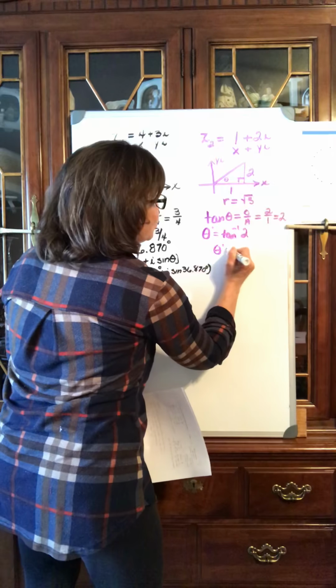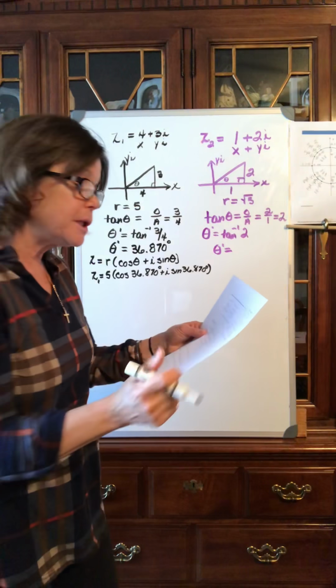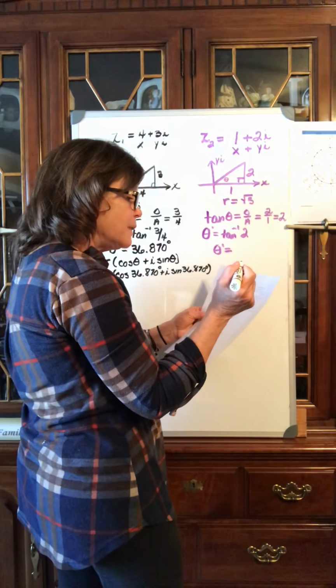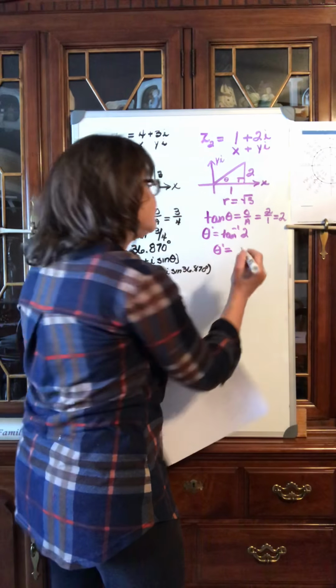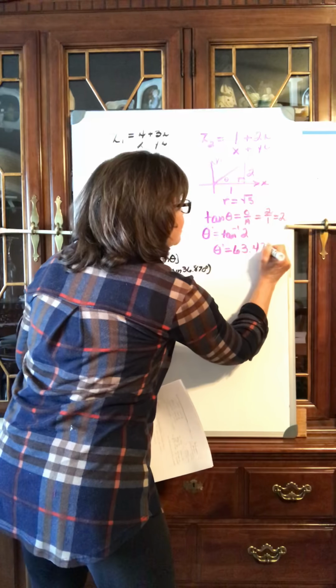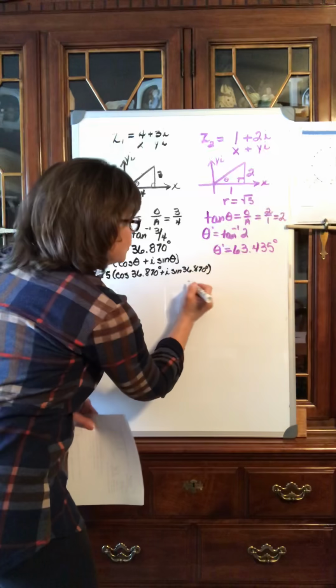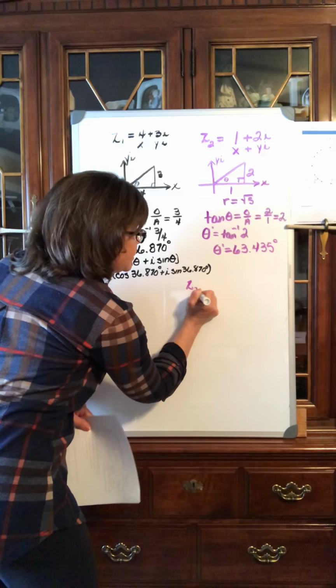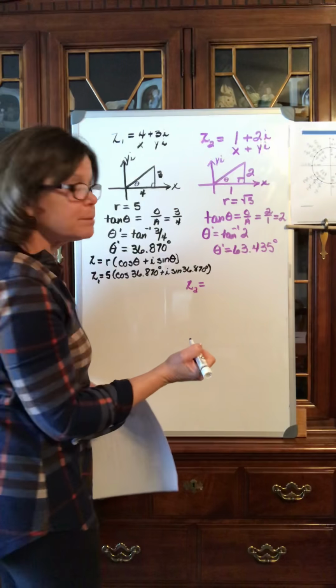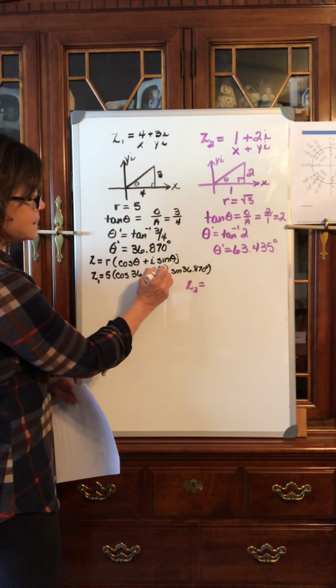I'm again working in degree mode. And when I did this on the calculator, I got a rounded value of 63.435 degrees. So for Z2, the trig form of that complex number, here's the formula for the trig form of a complex number.